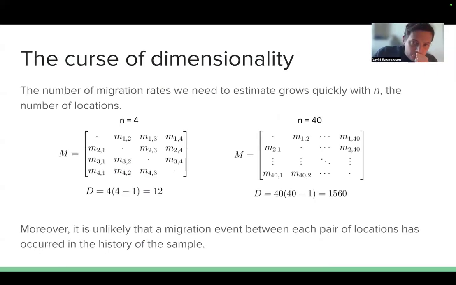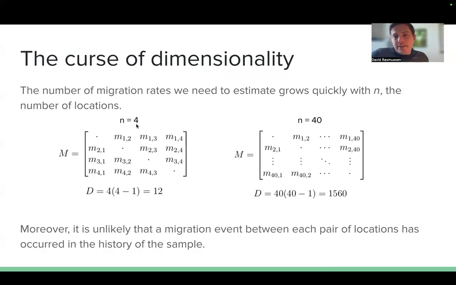All right. Another problem that arises with these phylogeographic models is that they have a lot of parameters, especially as the number of different populations or spatial locations grows. So if we just let n represent the number of possible locations or states in our model, we would have to infer this migration rate matrix representing all of our migration rates between all of these different populations.